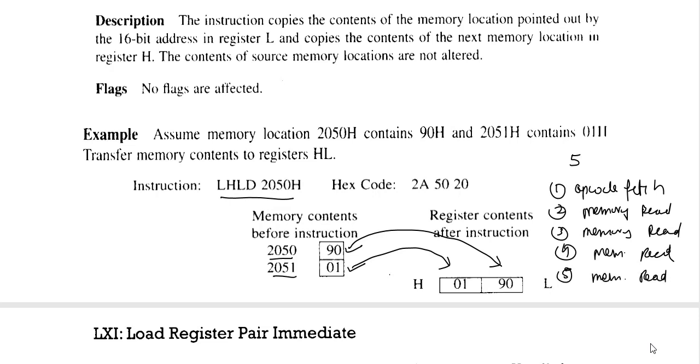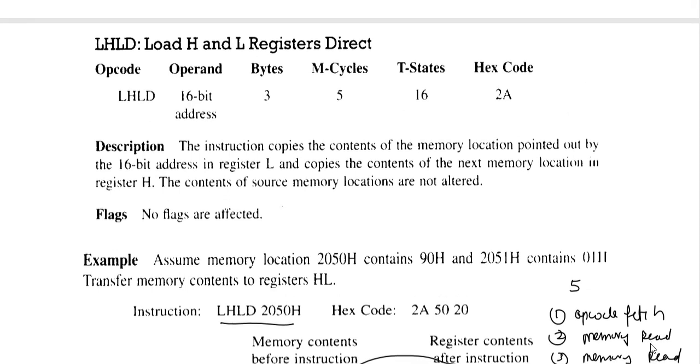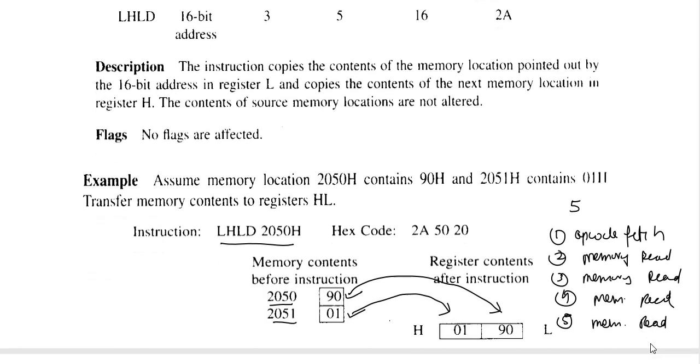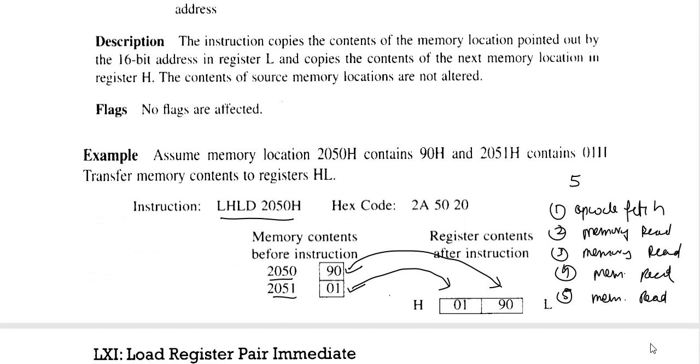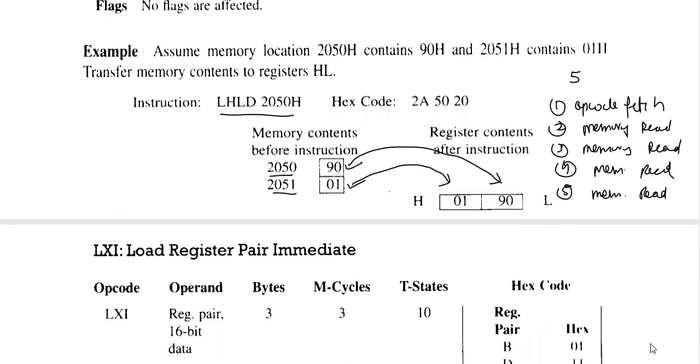So 4 plus 3 plus 3 plus 3 plus 3, that is 16 T states. You can see here how easily we can find out the number of machine cycles as well as the number of T states in the corresponding instructions.